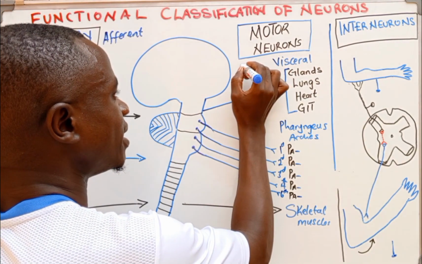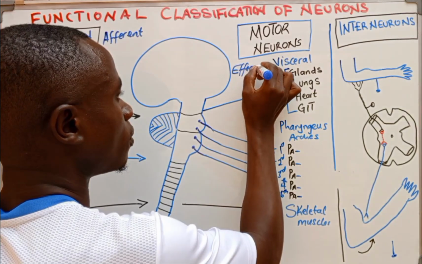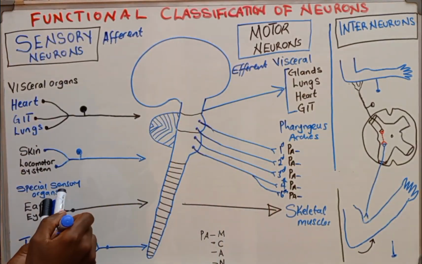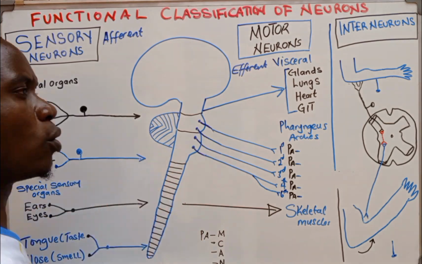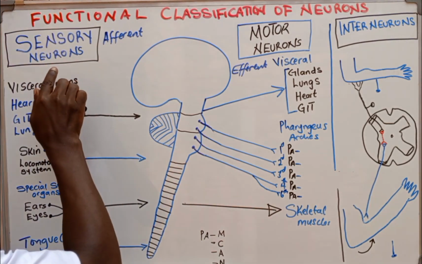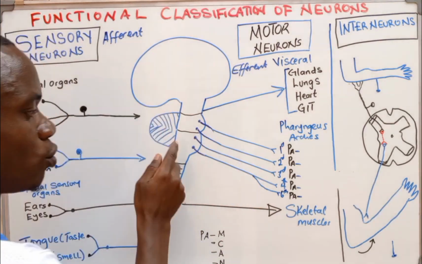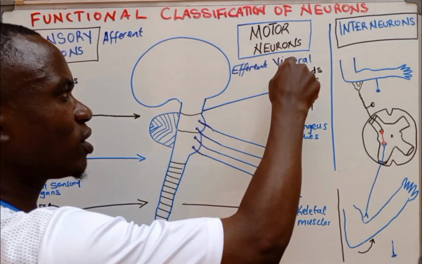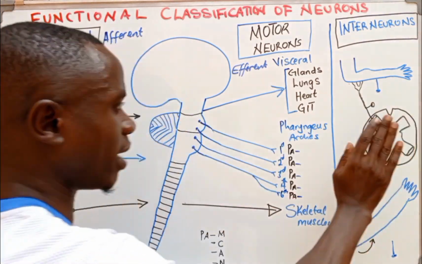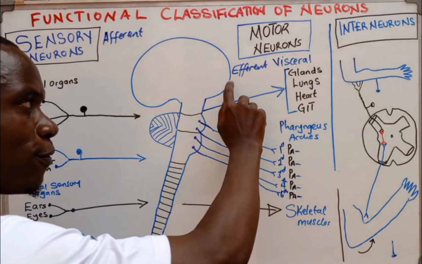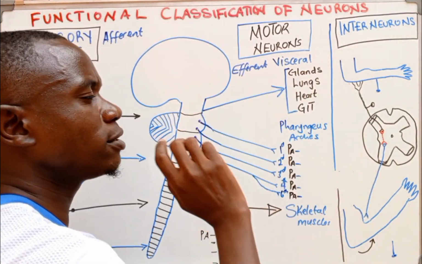We say it is efferent. These terms are going to be very important in the generation of the terminologies I am about to generate. Sensory information is afferent to the central nervous system, and motor neurons take the information from the central nervous system away to the effectors. For that reason, they are the efferent pathway.